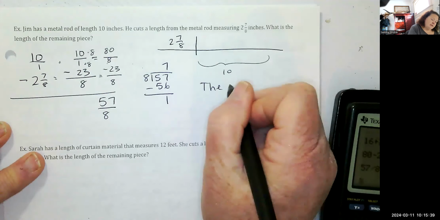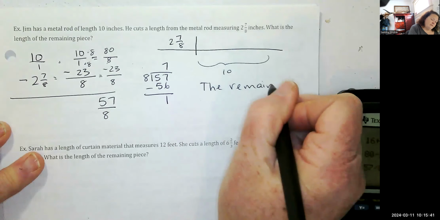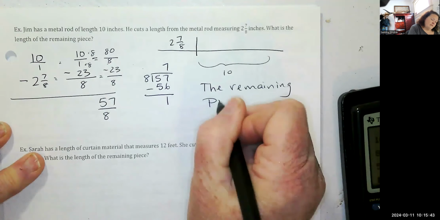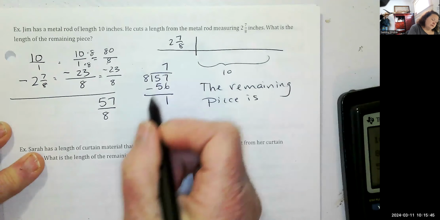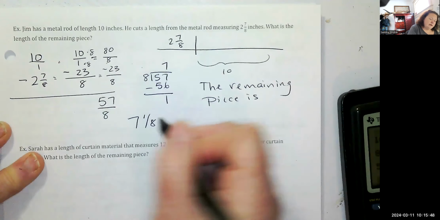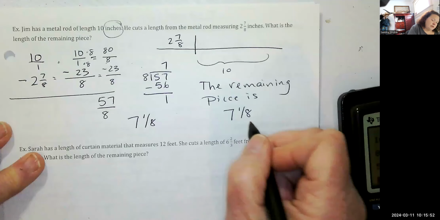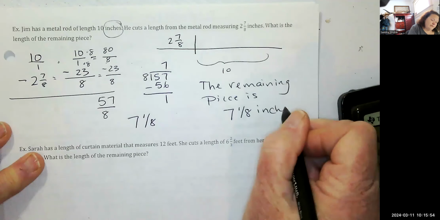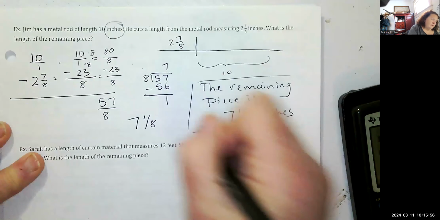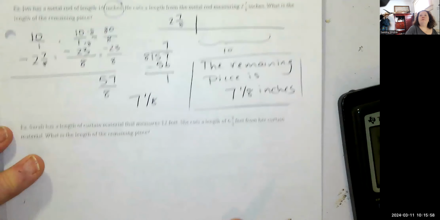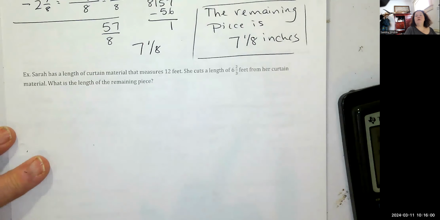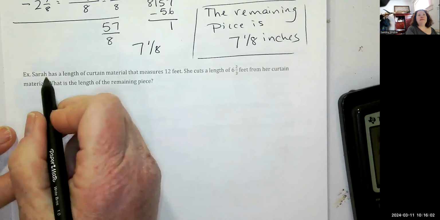The remaining piece is 7 1/8. It's 7 1/8 what? Inches. And there's our answer. Remember, sentences required for word problems.